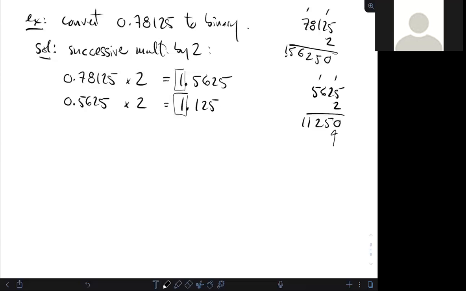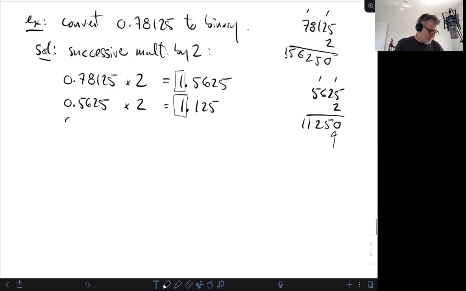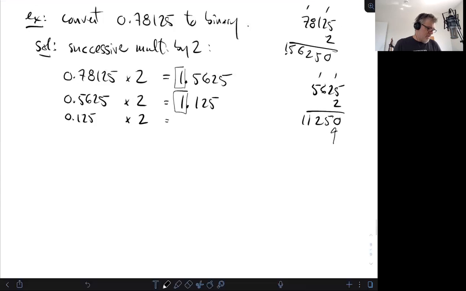All right, so 0.125 is my fractional part. I multiply by 2. That's pretty easy. That's actually 0.250. I can write it or not, it makes no difference. Now you see this fractional part is not my stop sign yet. I repeat until the fractional part is done.